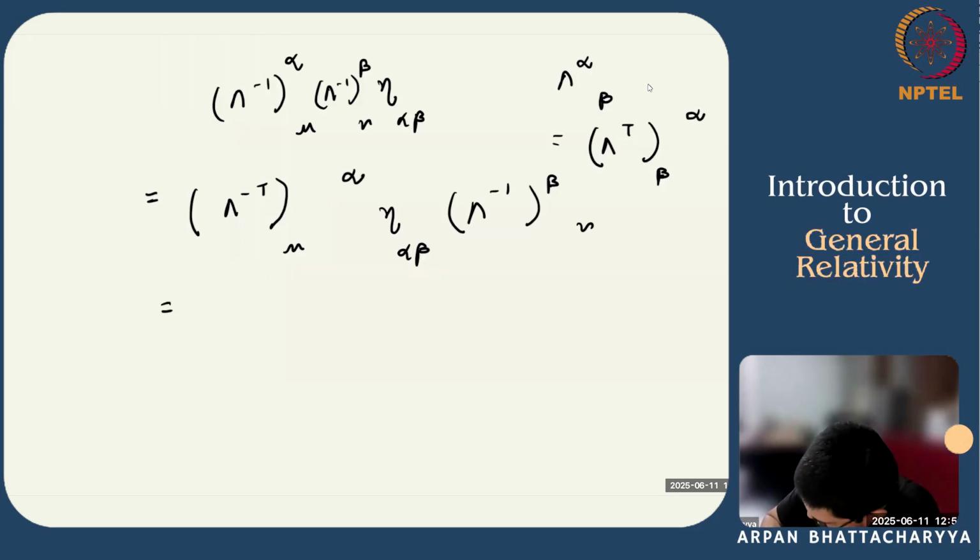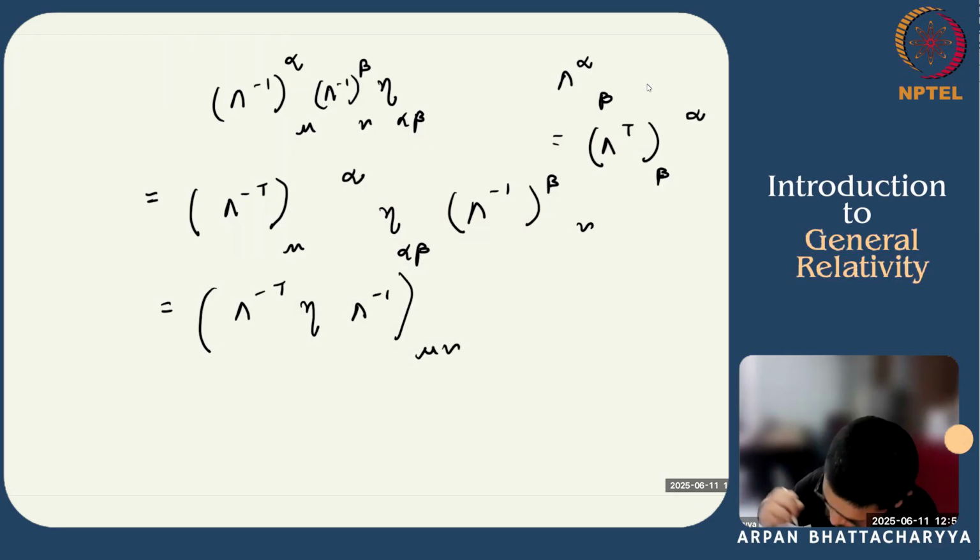And then we just remember that the rest of the indices are contracted and only these mu are free indices. And then we can use the definition of the Lorentz transformation, which simply says that this is equal to eta.